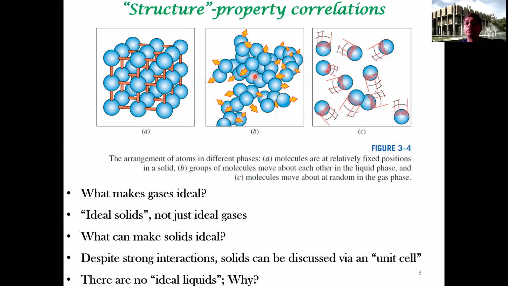Even if you take liquefied helium, which is an inert gas liquefied at high pressure and low temperature, even liquefied helium won't have any uniform structure. This lack of uniformity in structure is what creates complexity in liquids. So the take-home message is: there are ideal gases, there are ideal solids, but there are no ideal liquids. That makes the study of liquids more complex.